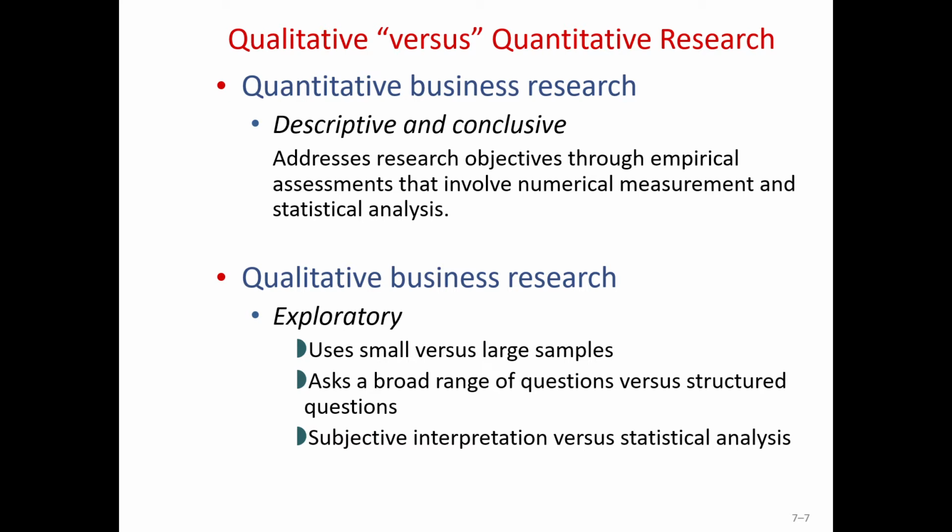Similarly truthful, but not more so, quantitative research can accomplish objectives that qualitative research cannot. So the key to successfully using either is to match the right approach to the right research context. So many good research projects combine both qualitative and quantitative research.